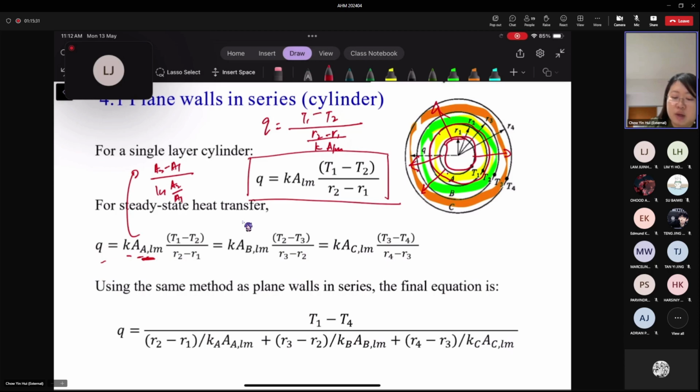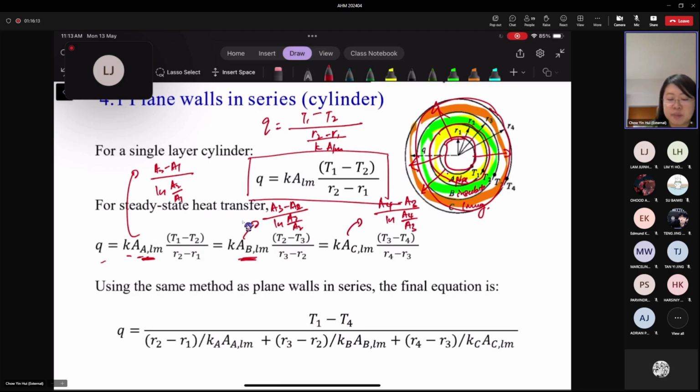For the second material, let's say you have an insulation layer, and this is a pipe: the first layer is the steel pipe, then the insulation layer, and then some cover or lining to protect the insulation layer. So the log mean area is A3 minus A2 divided by ln A3 over A2. And then A4, the outer surface area of the lining or cladding, minus A3 divided by ln A4 over A3.